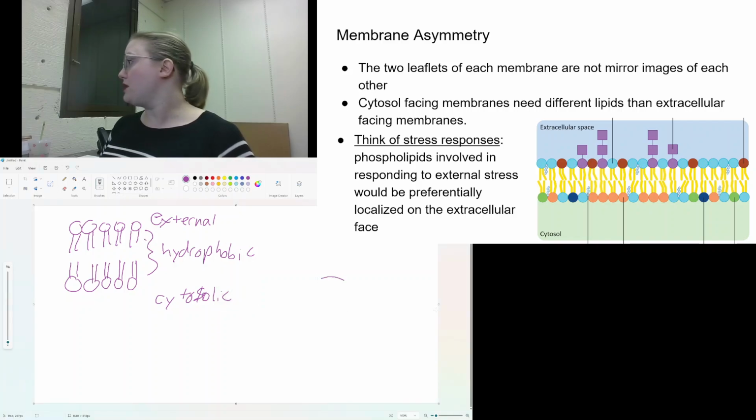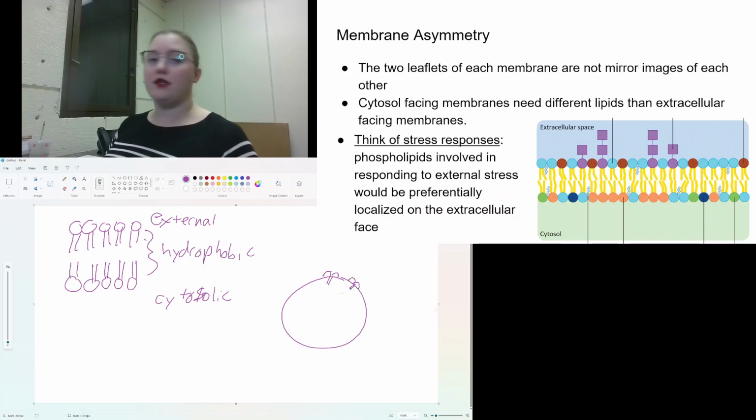Okay, so if we have our cell, right, and our cell needs to be able, we'll do it like this, make a kinase. And our cell needs to be able to conduct signaling and sensory processes.